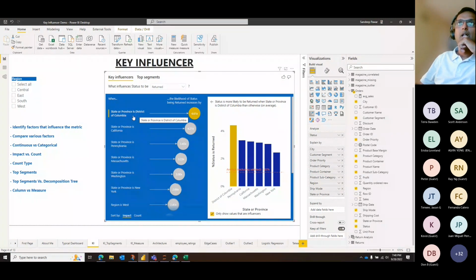And the reason being, the probability or the chances or the odds, and that's the right term to use here, the odds of the product being returned are 4.61 times higher when the product was shipped to District of Columbia. And then maybe that might spark some discussion as to why District of Columbia, why DC, what's so special about that? And you can go on doing your analysis from that point onwards.